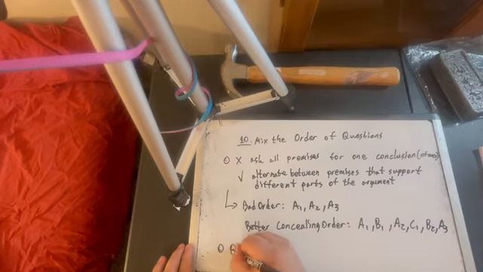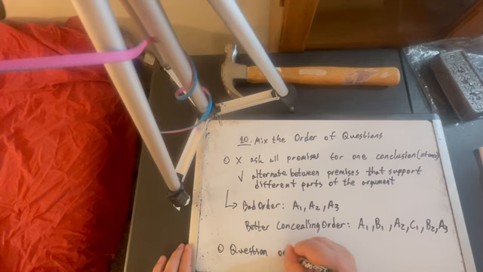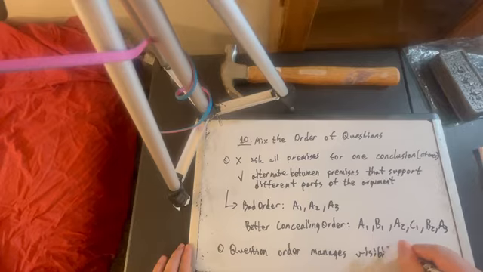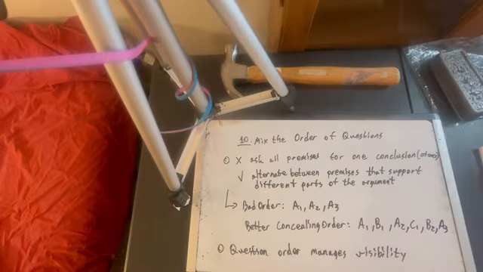So, question order manages visibility, because that is a thing that I have noticed. It's different in debates, just in the ordinary way of things.